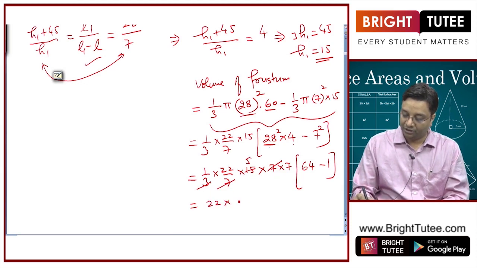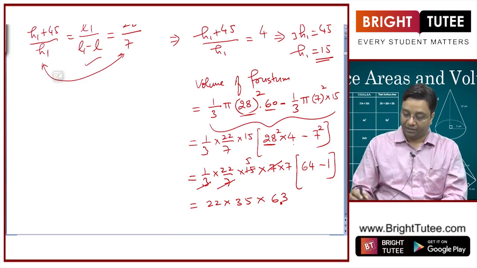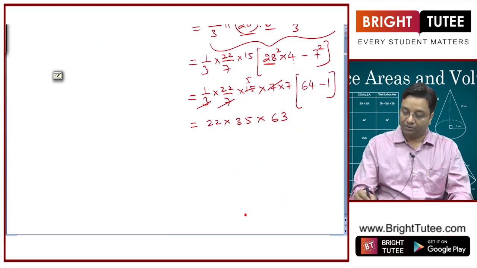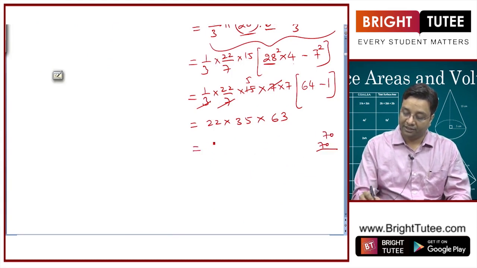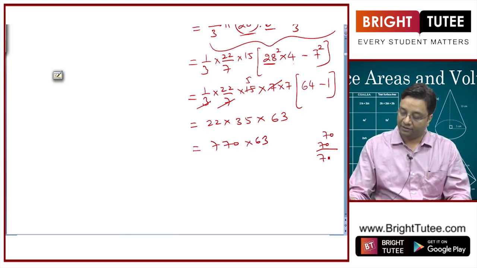So this is 22 into 35 into 63. 22 into 35 is 770, so 770 into 63. So 0 will remain as it is, 2310.